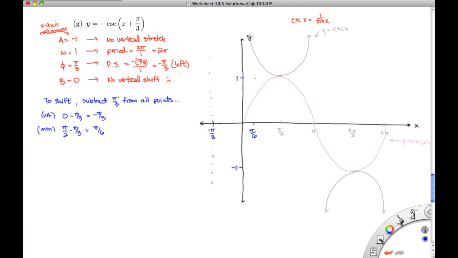And then we're going to have another vertical asymptote. It was at pi. We're going to subtract pi over 3, and that's going to give us 2 pi over 3. So we're going to have another vertical asymptote there at 2 pi over 3.